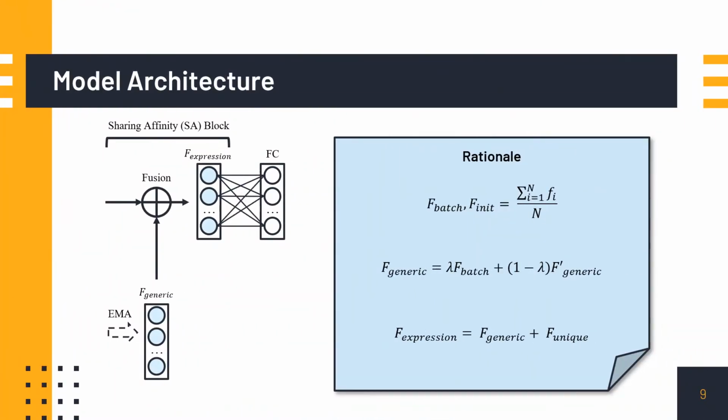Moving to the sharing affinity block, this is driven by three main equations. For every batch of images, we take the average of the feature maps to come up with a batch expression, and then use it to update our moving average generic expression. Then, we try to break down every expression into two constituent parts, the generic part and the unique part.